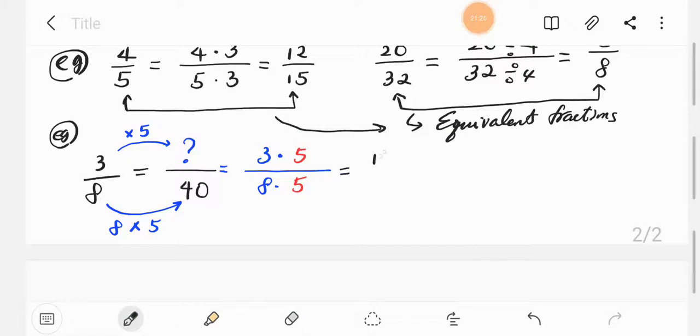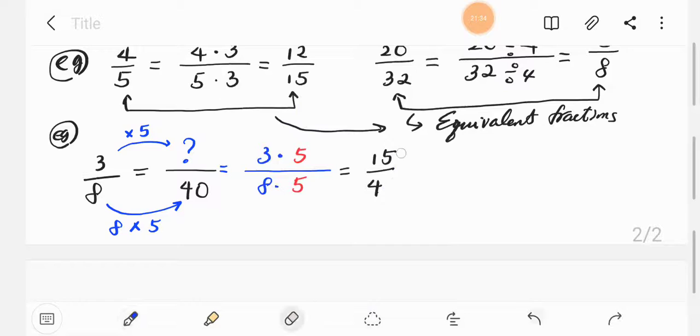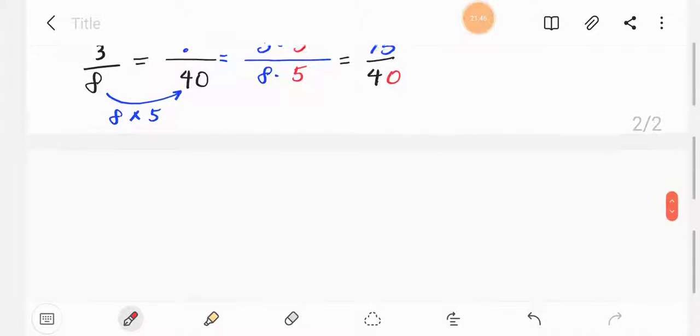The result is 15 over 40, right? So the question mark is 15. This is how we find the equivalent fraction.